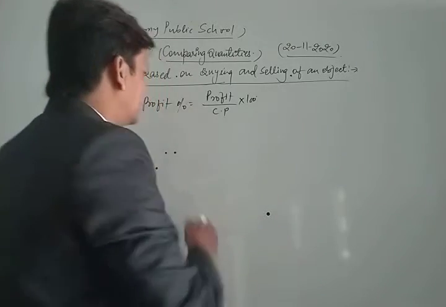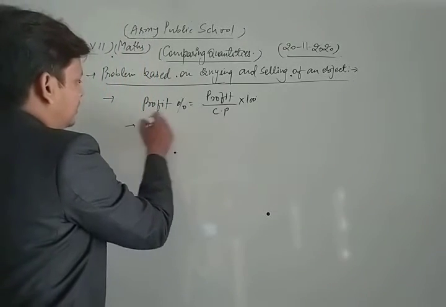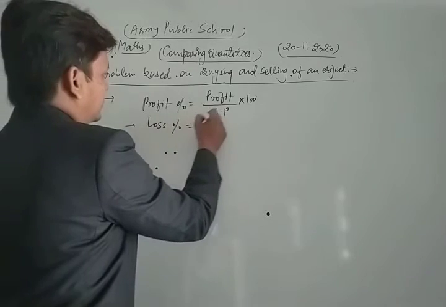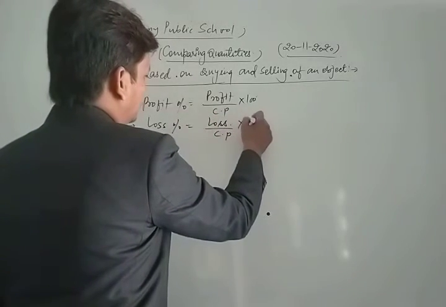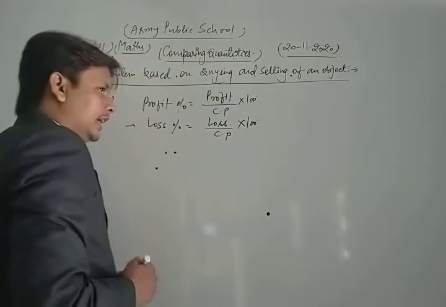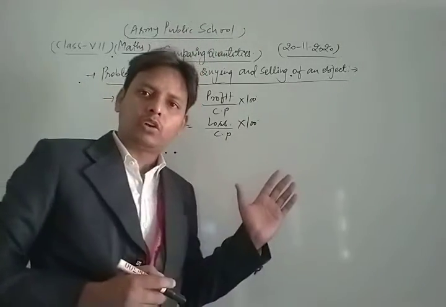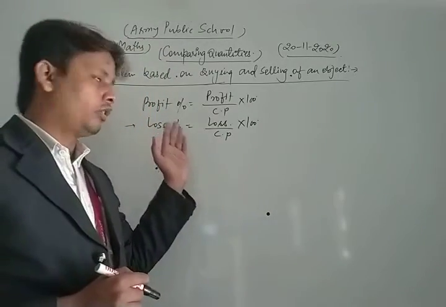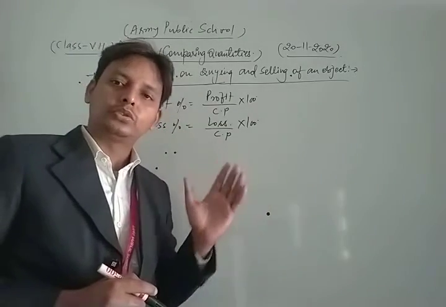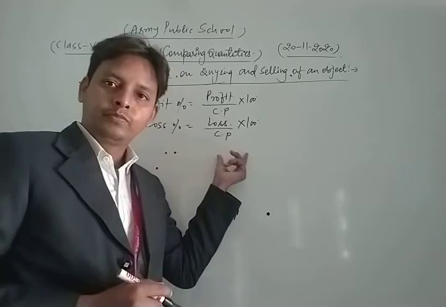Similarly, the formula for the loss percent is loss upon cost price into 100. According to these formulas, one important concept is clear here: profit percent or loss percent both are obtained on the CP.